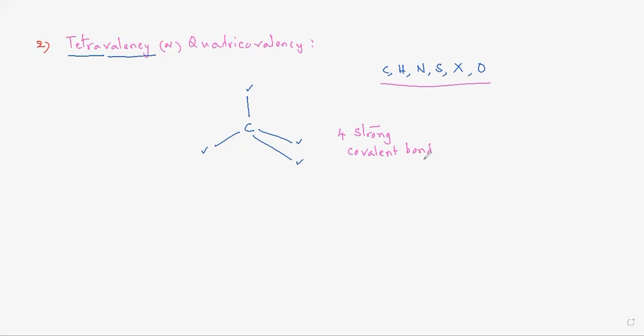I'll tell you what covalent bonds are. Simple. A bond that is formed by the sharing of electrons is a covalent bond. Every carbon is forming 4 covalent bonds which are strong enough, and this kind of structure, this kind of shape, is called tetrahedral shape.